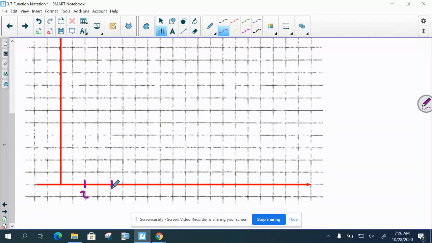So 2, 4, 6, 8, 10, 12, 14, 16, 18, and 20. So this is the number of years.